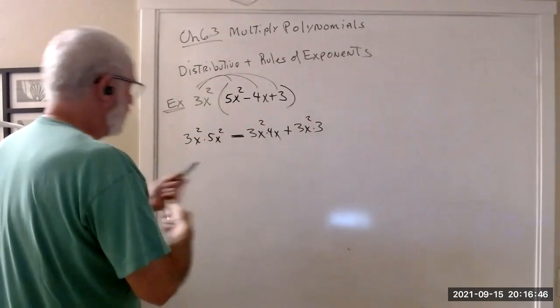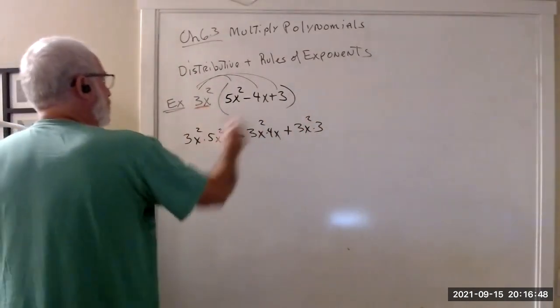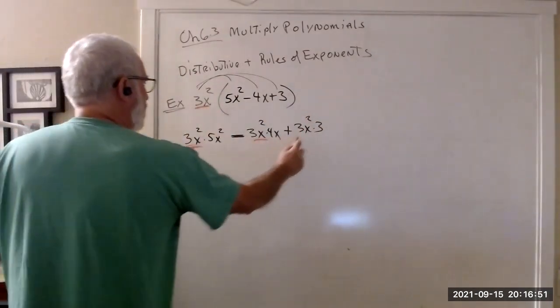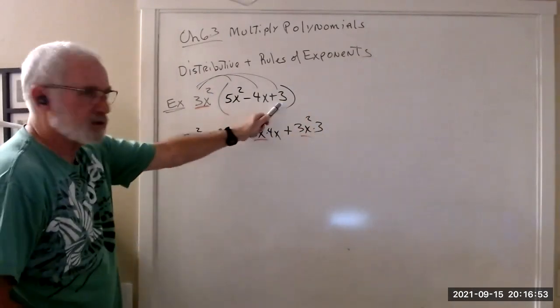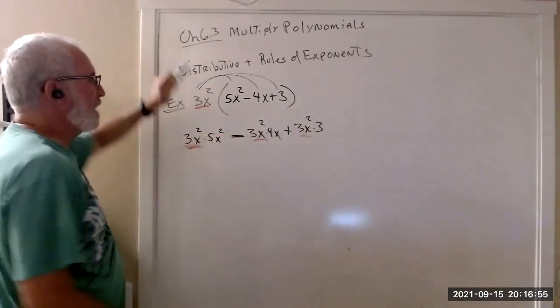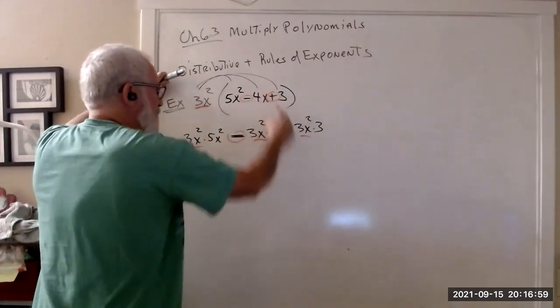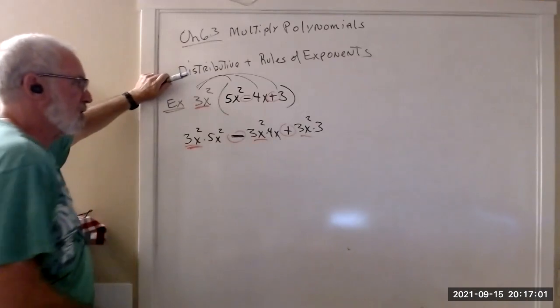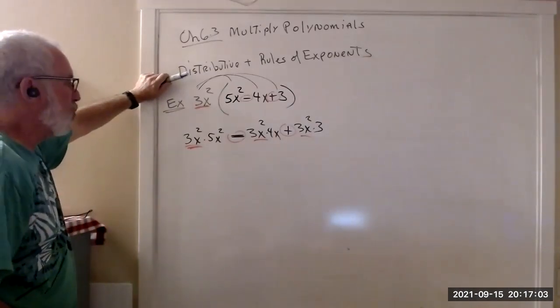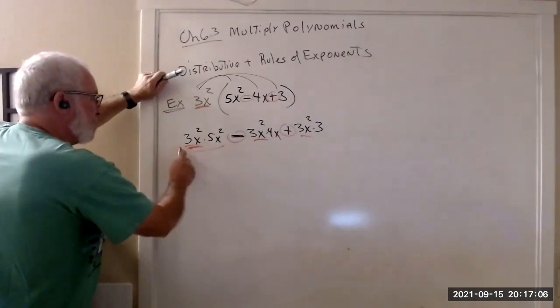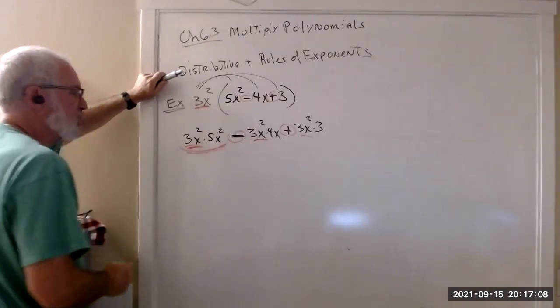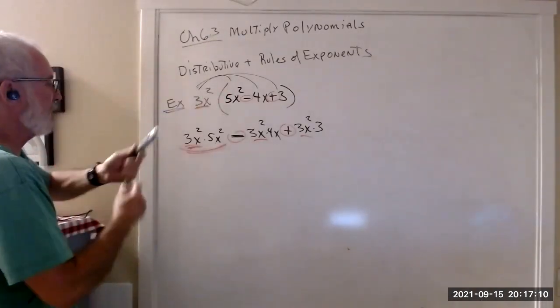So what we've done is we distribute the 3x squared to each term inside. And notice we keep the minus and the pluses. Now, each one of these becomes a baby problem that we just got done erasing over there.